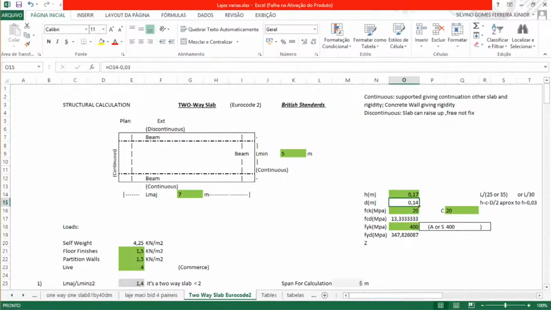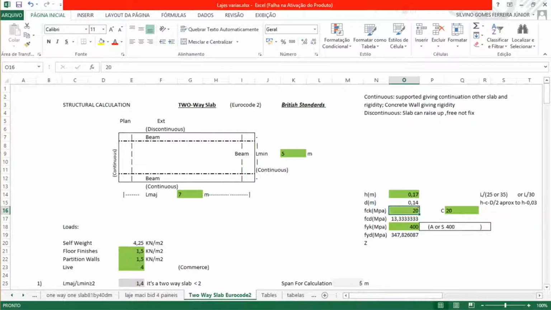The effective depth, I will just speed up this calculation and subtract 3 cm. Usually I use this form for calculation. So I'll subtract 3 cm from 17, which gives us 0.14 meters. The type of concrete will be C20/25, so fck is 20 megapascal.